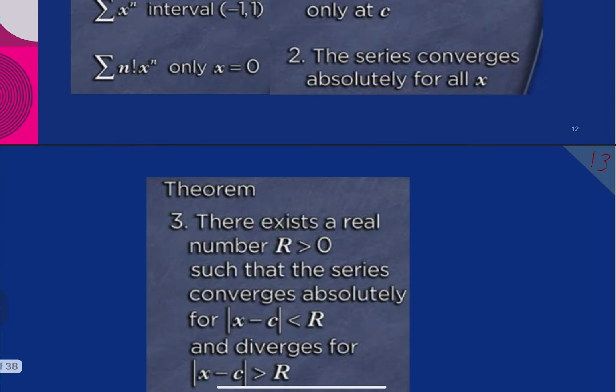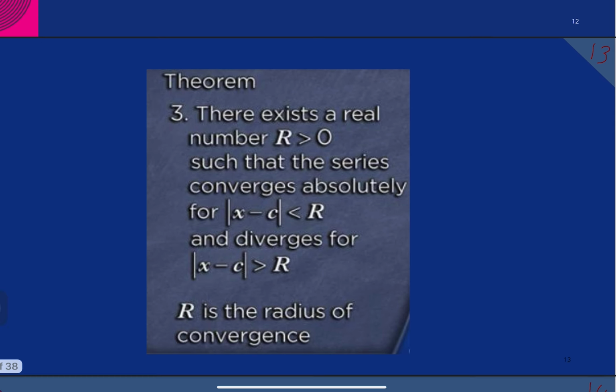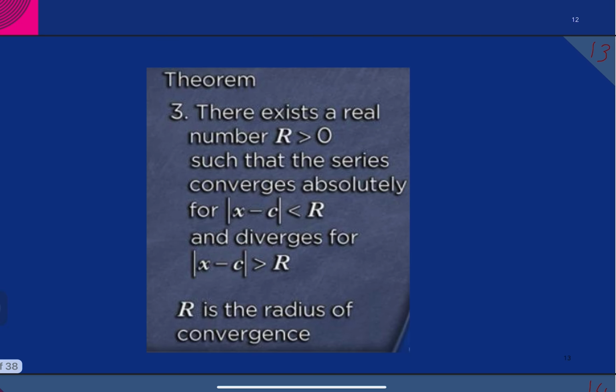r is the radius of convergence, such that the series converges absolutely for x values satisfying absolute value of x minus c less than r.